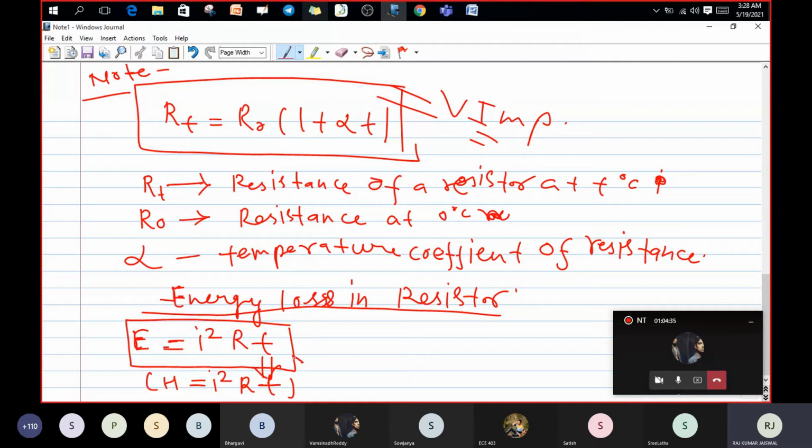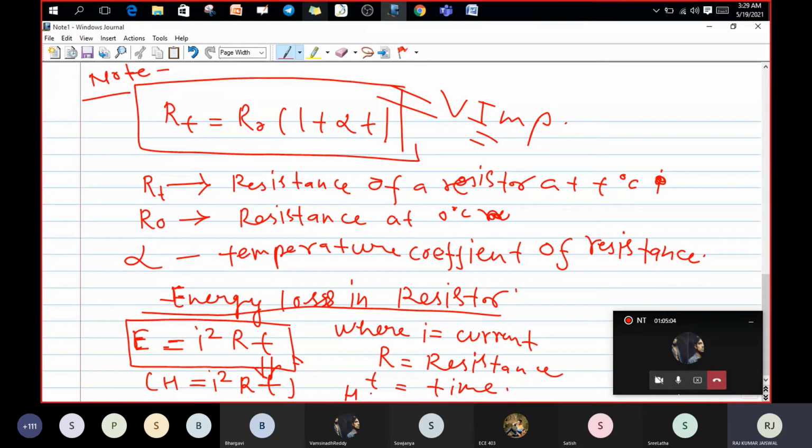Okay, guys, E equals I square RT, where I equals current, R equals resistance, and T equals time. Or in some places they represent H equals I square RT, where H is nothing but heat.